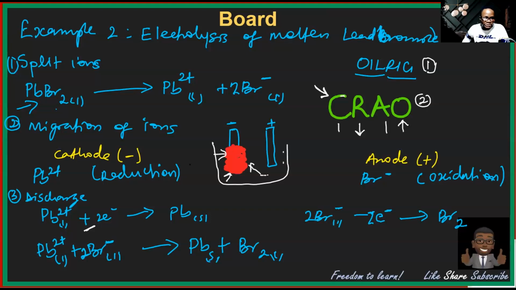Reduction is gain, which means you are adding electrons. If you say anode is oxidation, then you know that at your anode, you are doing oxidation. But what is oxidation? According to OIL RIG, oxidation is loss. So combining these two will help you a lot.